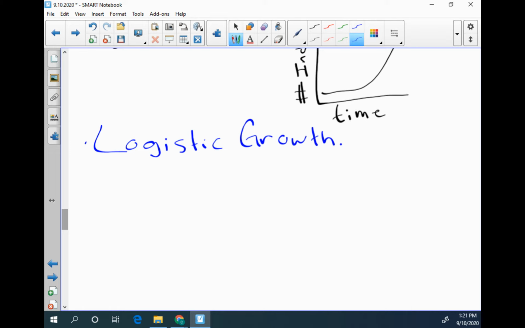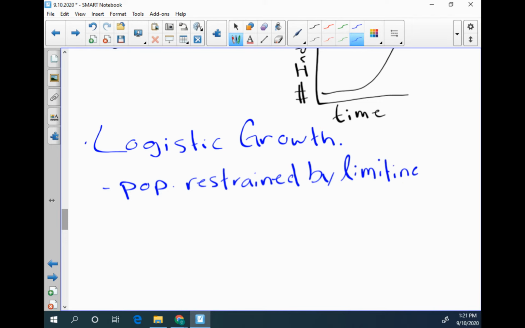In logistic growth, the population is restrained by limiting factors.